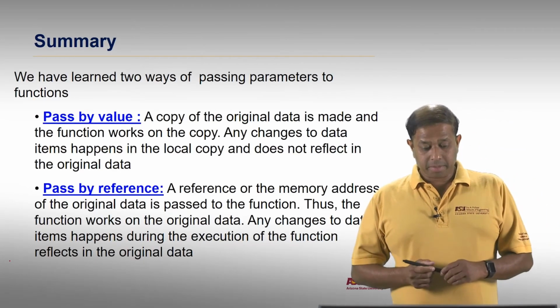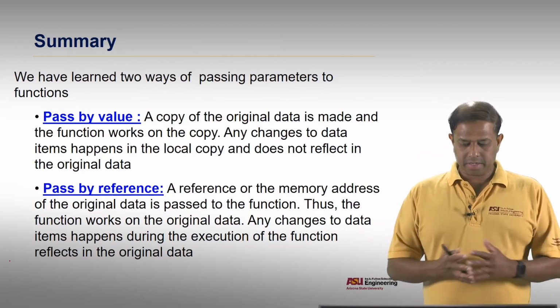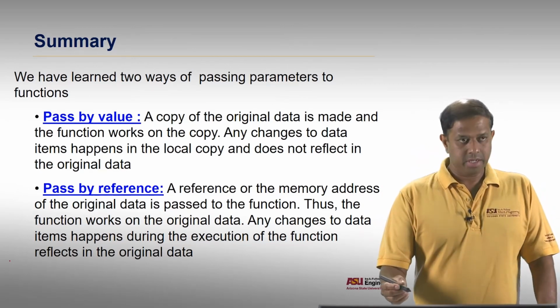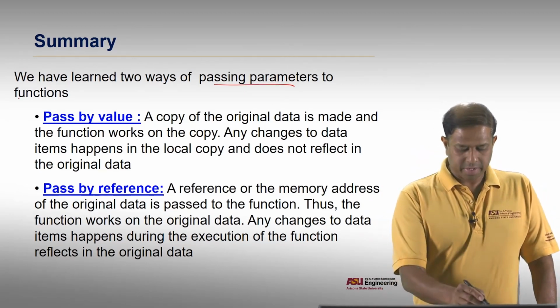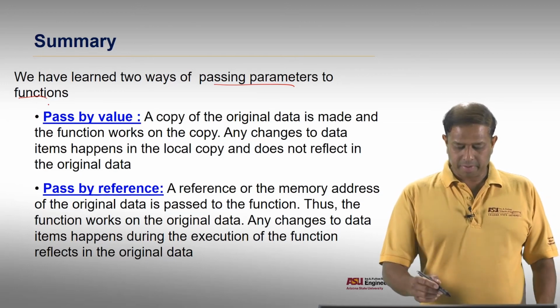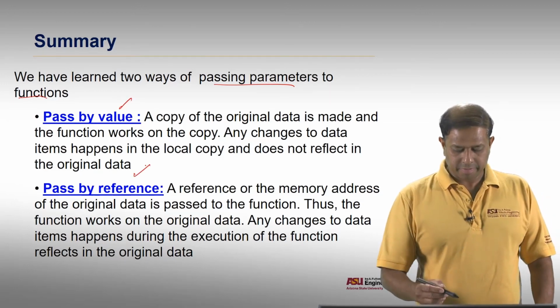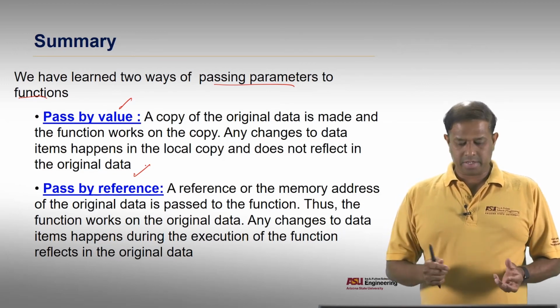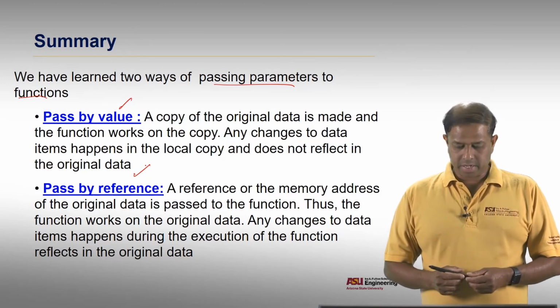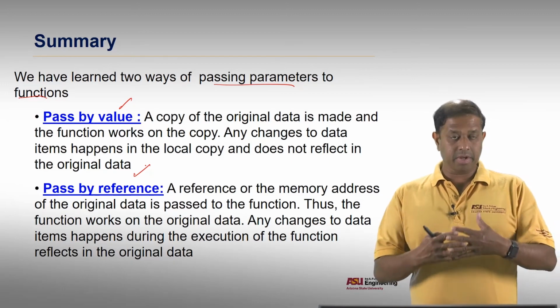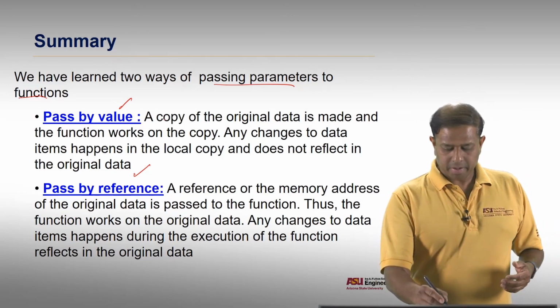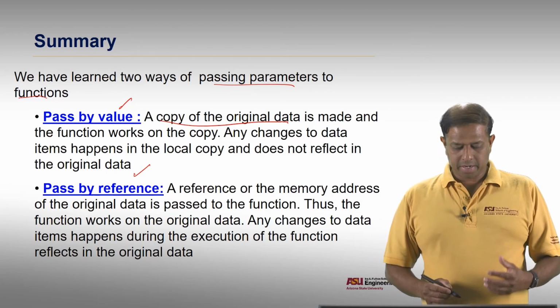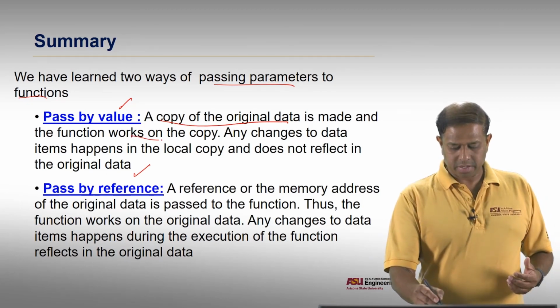All right. So in summary, when you are passing parameters into functions, we discussed two different techniques of doing that: the pass by value technique and the pass by reference technique. We can use these two techniques in combination in writing functions. The difference is that when you have pass by value, a copy of the original data is made and the function works on the copy.